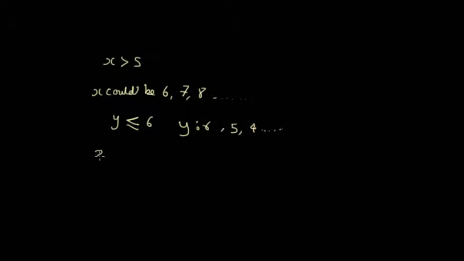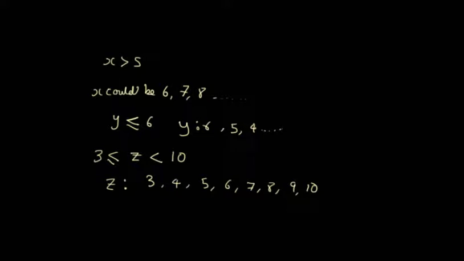Now if we had 3 less than or equal to z less than 10, here z could be 3, 4, 5, 6, 7, 8, 9, but not 10. It can't be 10 because it's less than. Z is less than 10 but not equal to 10. So these numbers are the only numbers that z can be equal to.